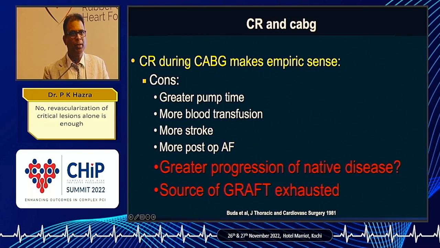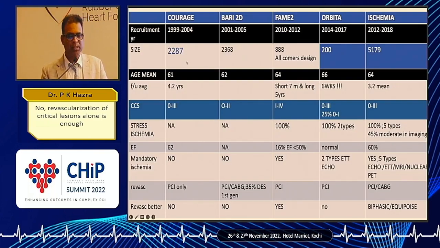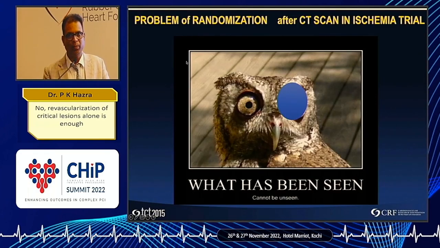If you prolong your procedure, do 6-7 grafts, greater pump time, more blood transfusions, more stroke, more post-op AF, greater progression of native disease, and sources of grafts are exhausted. And you have this data: CARE, BARI 2D, PAMI-2, or ISCHEMIA. CARE is negative, BARI 2D is negative on complete revascularization, PAMI-2 is negative, and ISCHEMIA is equipoise.